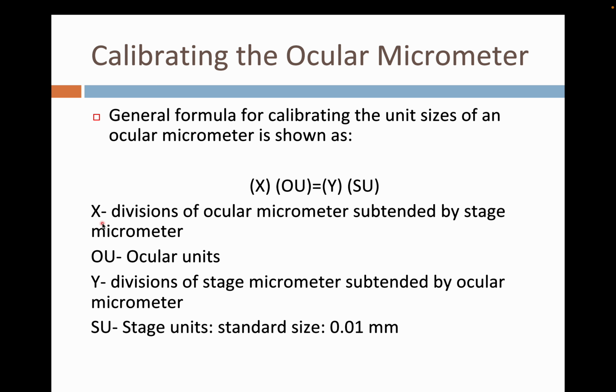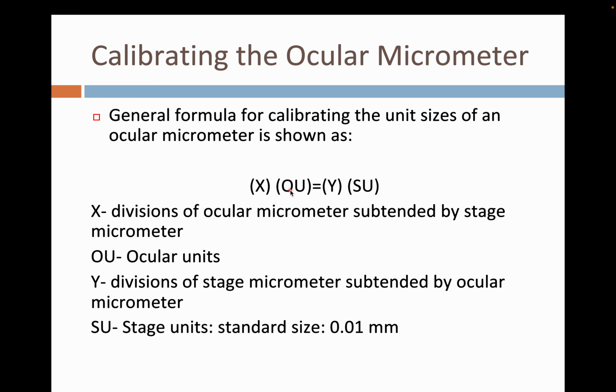The variable x refers to the divisions of the ocular micrometer that are subtended by the stage micrometer. OU are ocular units, the measurement that you want to get, the value of each ocular unit that you intend to calculate.